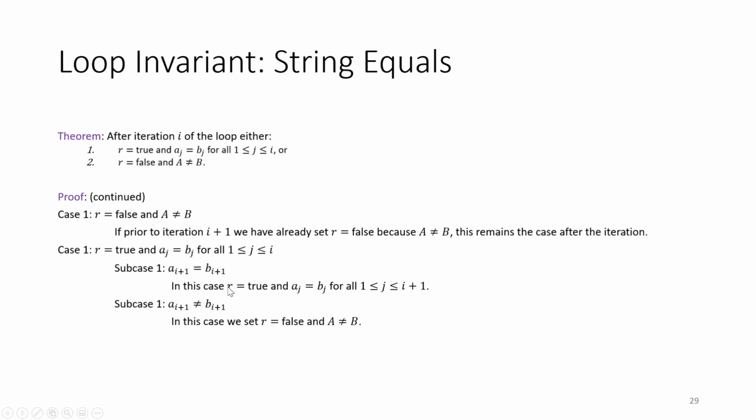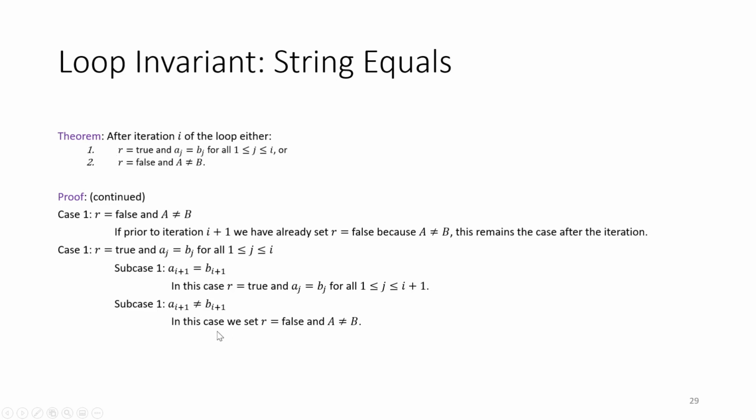We leave r true. But we already knew in this case that they were all equal up to i, and we've now confirmed that index i plus 1 is also equal. So we've now confirmed it all the way up to i plus 1. Good, check. So we're in state 1.